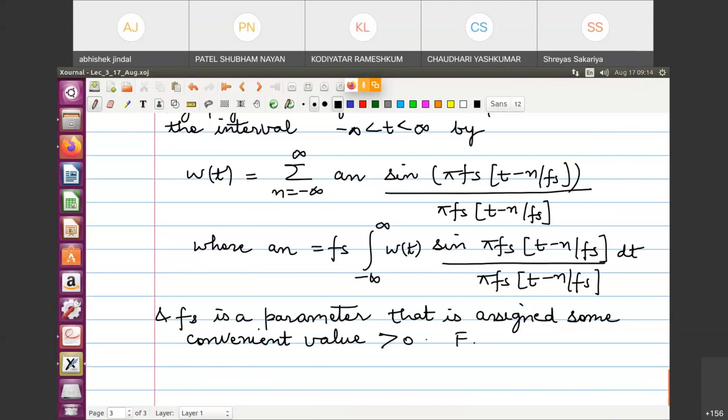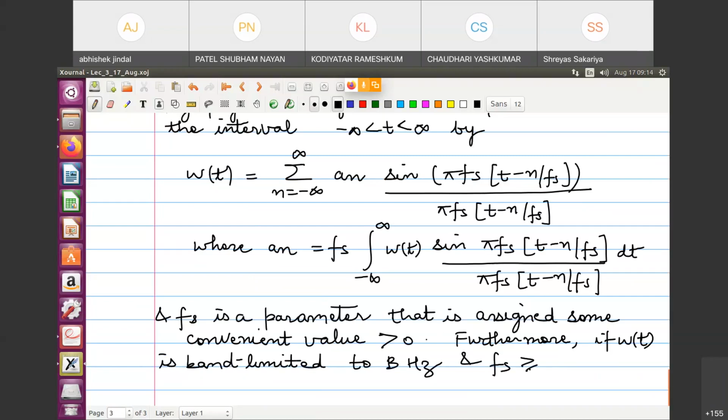Furthermore, now let us write down the main thing. Furthermore, if w(t) is bandlimited to B and f_s is greater than or equal to 2B, then, notice that we have not said that f_s is equal to 2B.